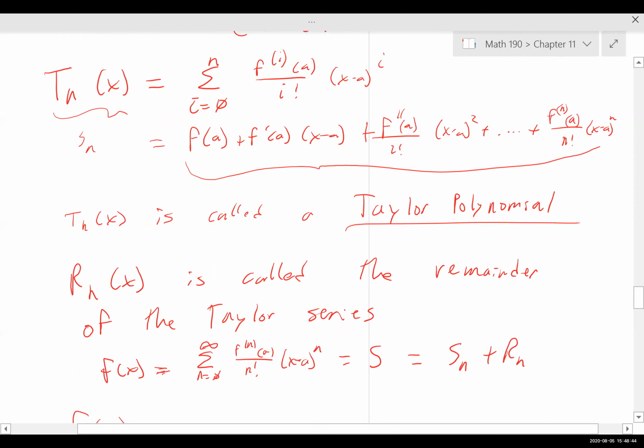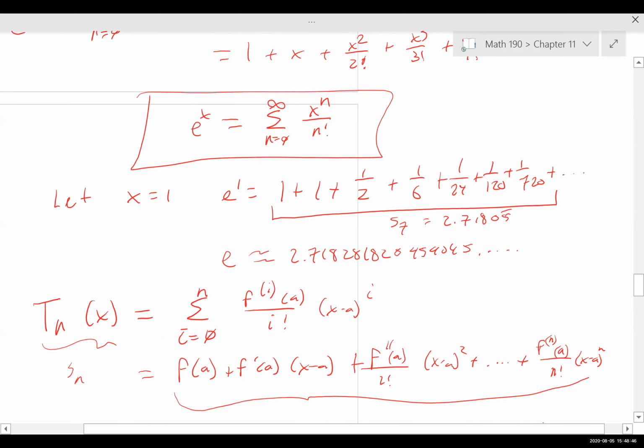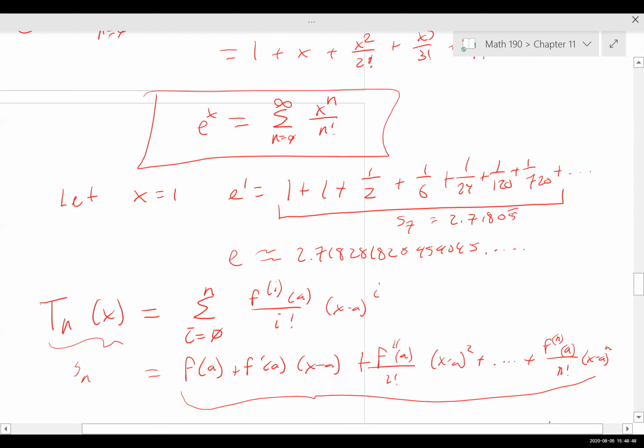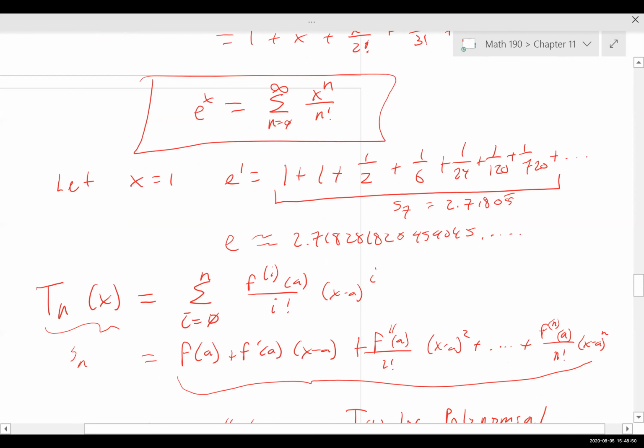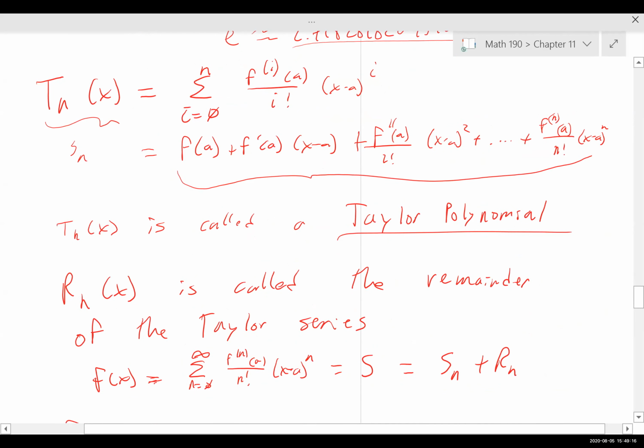Let's go back to our example, where we looked at S sub 7, and then we had the entire function evaluated at 1. The difference between the two would be the remainder. It would be the error between the actual sum of the function and the value that I got by taking partial sums.